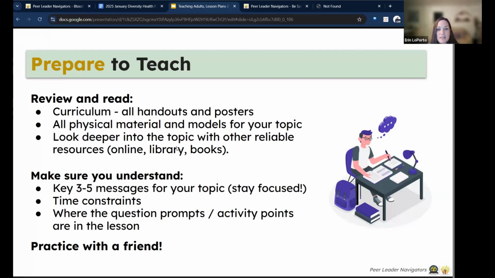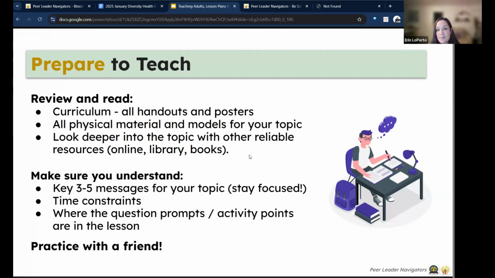And then you can also look deeper into the topic with other reliable sources. We've talked about how some people are going to have more complicated questions, and you do not have to answer those. We are here to be facilitators of health education. We're helping them learn, but we are not necessarily experts on these topics. We have well-researched some things, and we have some reliable sources of information, and we can stay in that box. But because we have these links for other reliable information, you can follow those links.